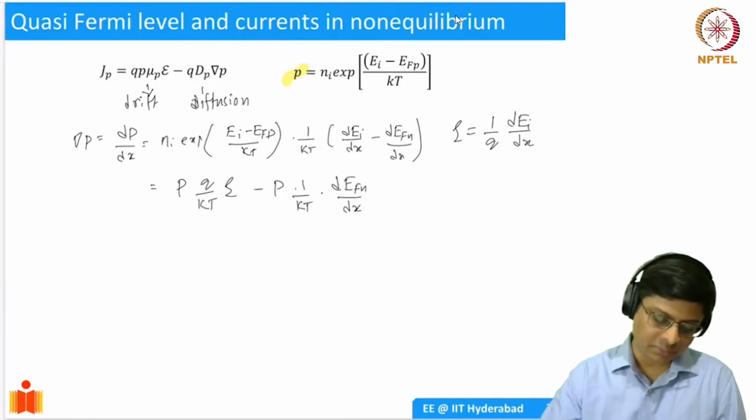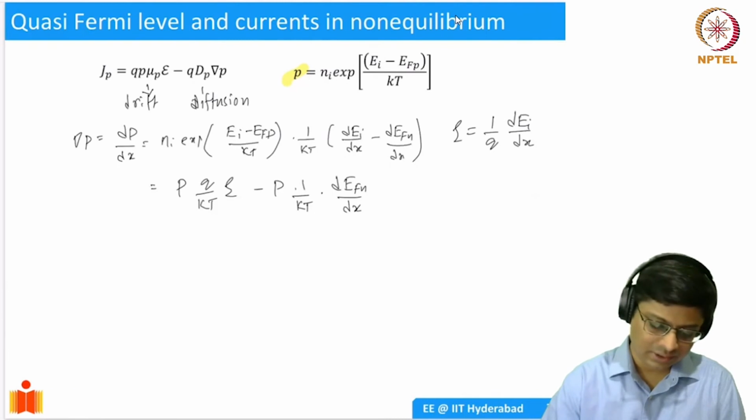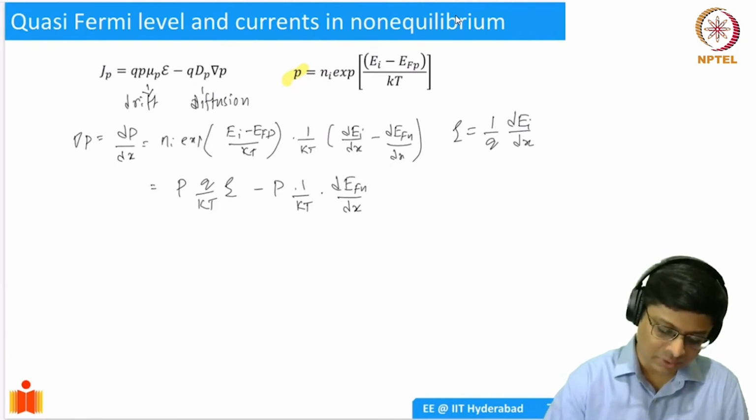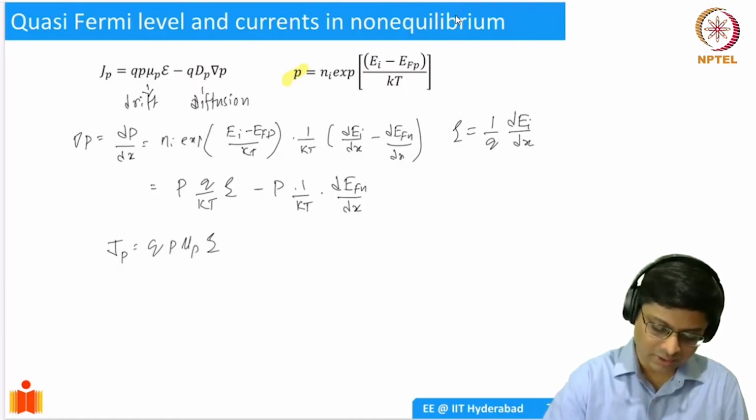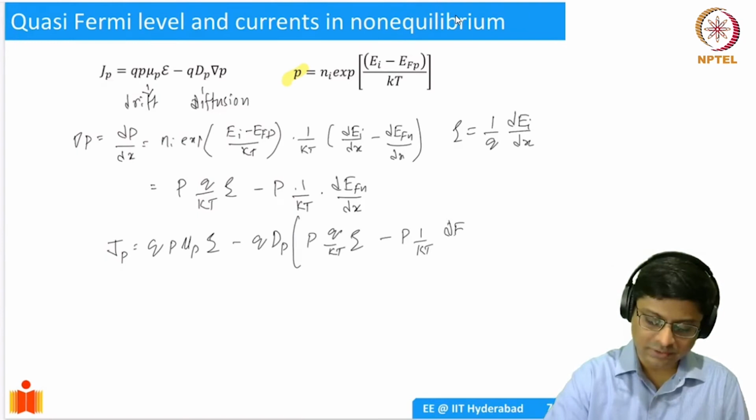So now let us put it back into the current expression. We simply took the derivative of the carrier density. Let's put it back into the current expression. So Jp is going to be q p mu P E, the electric field, minus q dP times the expression above, basically P times q by kT times E minus P times 1 by kT times dEFN by dx.